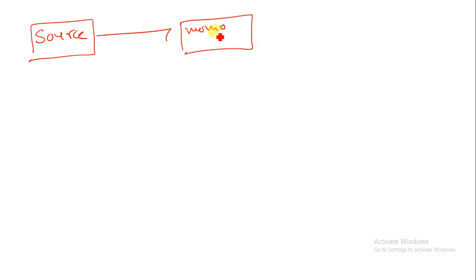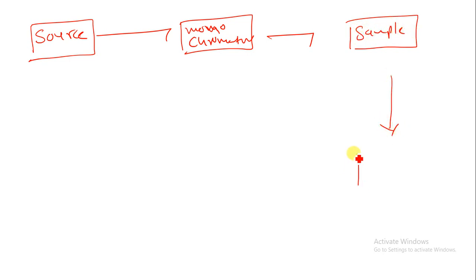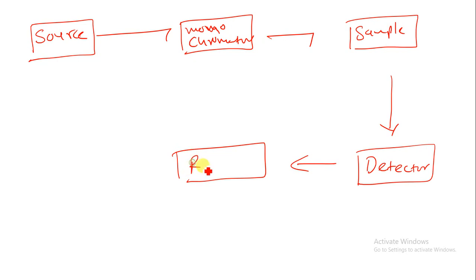Now let me draw again a schematic diagram of the IR spectrometer. First we have a source, then a monochromator, then a sample compartment, then a detector, and then a recorder.